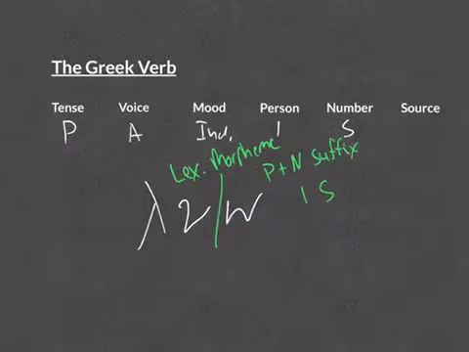And it comes from luo. That's the source. The source will always be the present active indicative first person singular unless the word only comes in the middle. And we'll talk about that later.